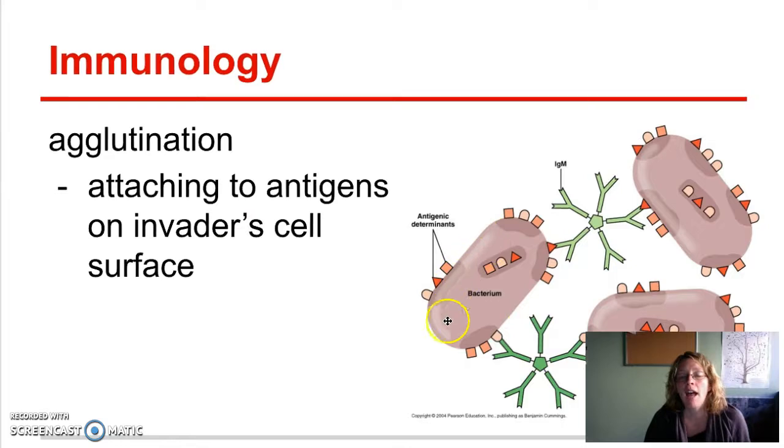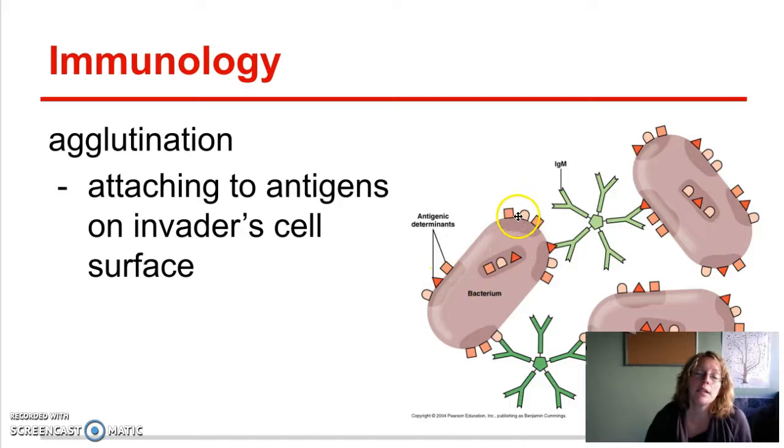Here we have some bacteria, and on the surface of the bacterial cells are these antigens. These antigens tell our body that the cell is not us. Our cells also have markers on the surface, but those markers tell our immune system this cell is part of you.